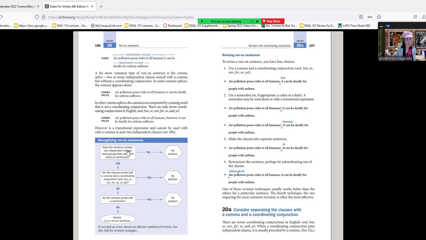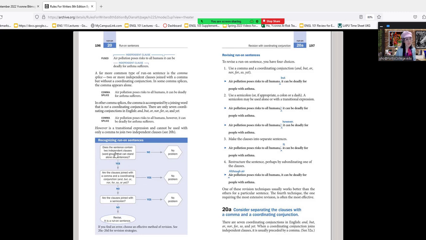So, recognizing run-on sentences. Does the sentence contain two independent clauses, word groups that can stand alone as sentences? Yes. Are the clauses joined with a comma and a coordinating conjunction? No. Are the clauses joined with a semicolon? No. Then it is a run-on sentence.